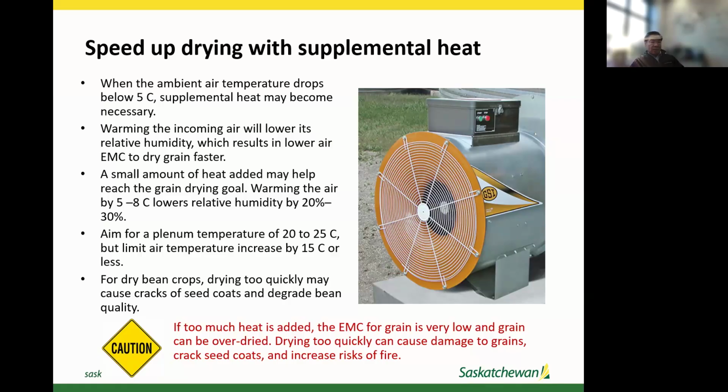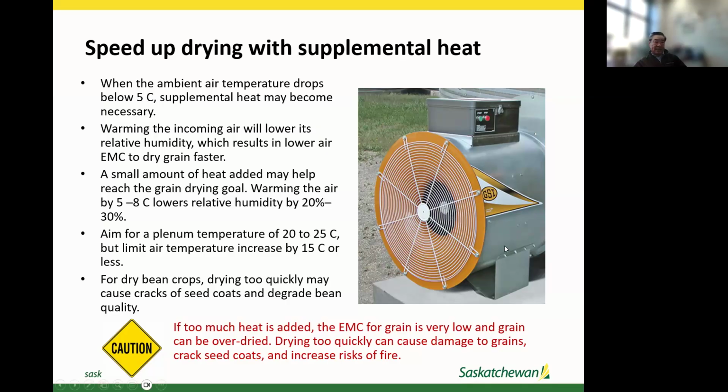If drying too quickly, that means if you increase the supplemental heat too much, it would cause cracking of the seed coat. And when the dry beans' seed coat is damaged, you might see some split beans, which degrades your bean quality and reduces your selling price.